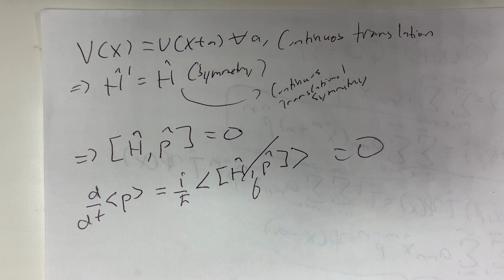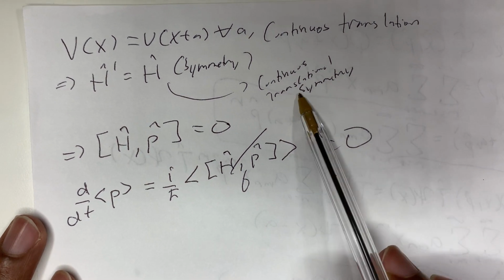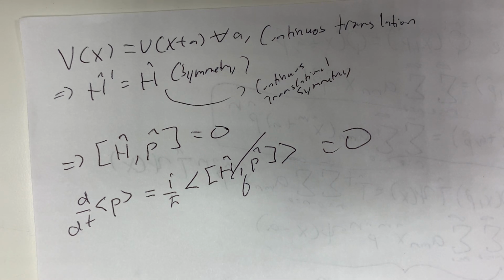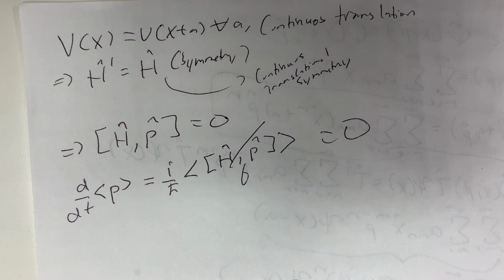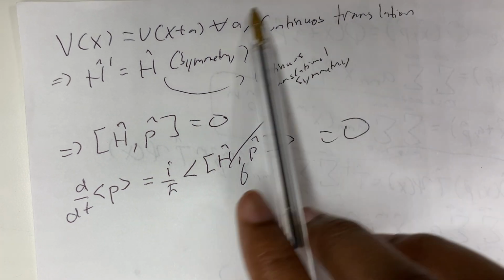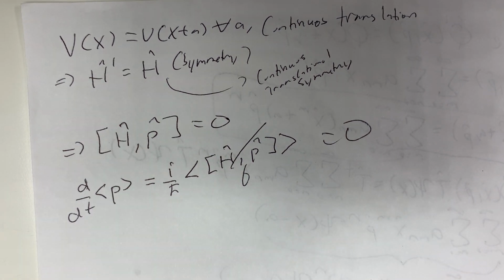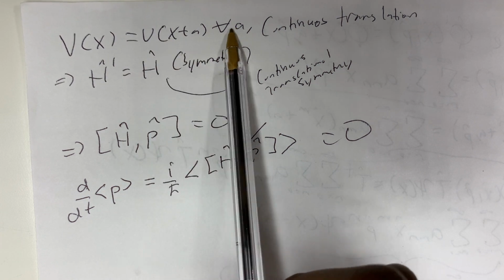This is amazing. It may just be me, but we've just shown the nature of it. One can just say, oh, if the Hamiltonian and the operator commute, well, then we have conservation of the expectation value of momentum. We've gone a step further and said that's caused by a continuous translational symmetry of the Hamiltonian, which is then induced by v of x being equal to v of x plus a for all a.